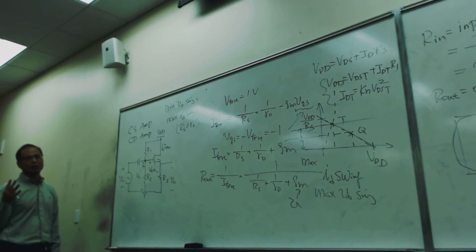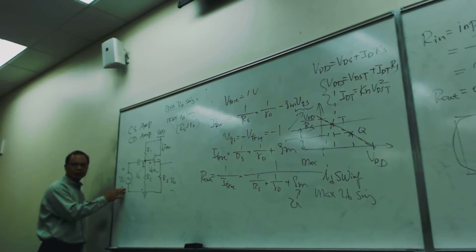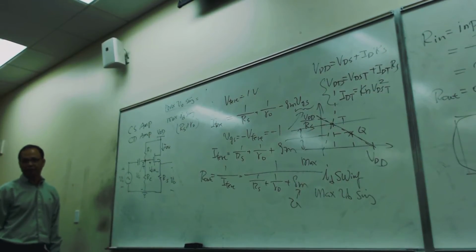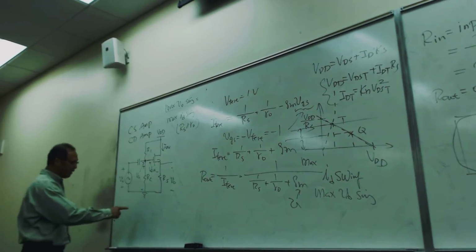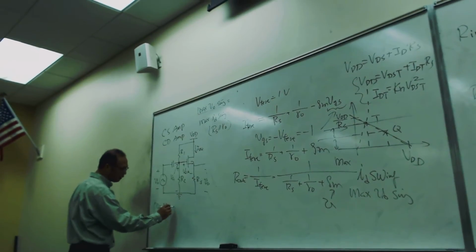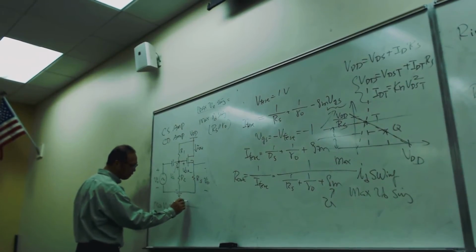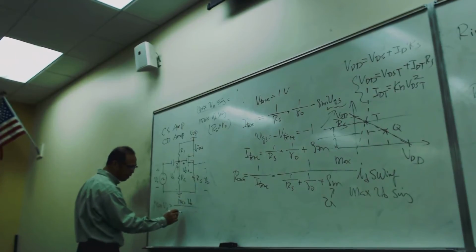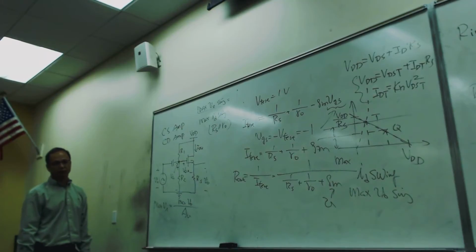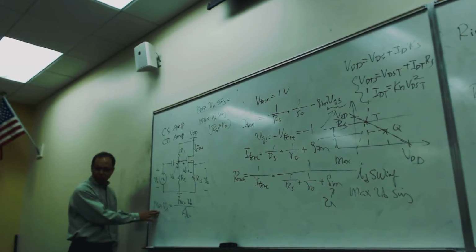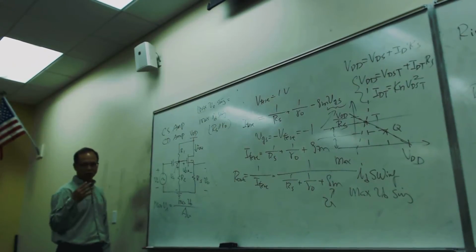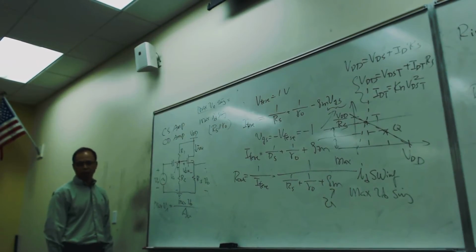Then you can ask me, what is the maximum V sub I before distortion? How do you find that? The maximum V sub I is the maximum V sub O swing divided by A sub V. That's the maximum input you can apply to the circuit without any distortion.